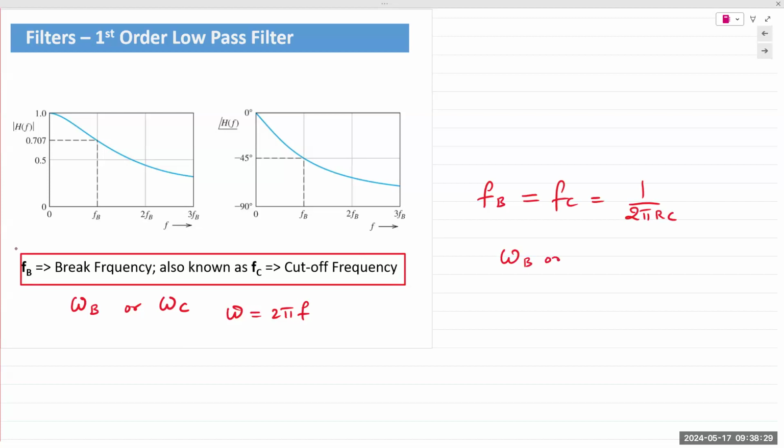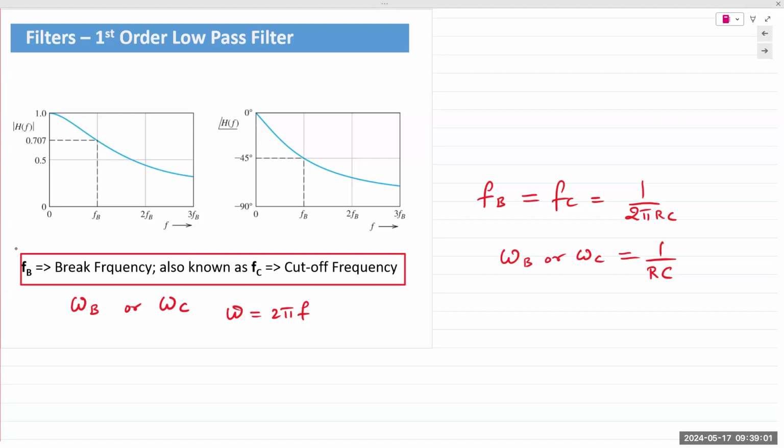Omega B or omega C would simply be 1 over RC. 2 pi goes on the other side. So this is something you should retain and remember. Oftentimes people will talk in terms of frequency F. They might often talk in terms of angular frequency omega.